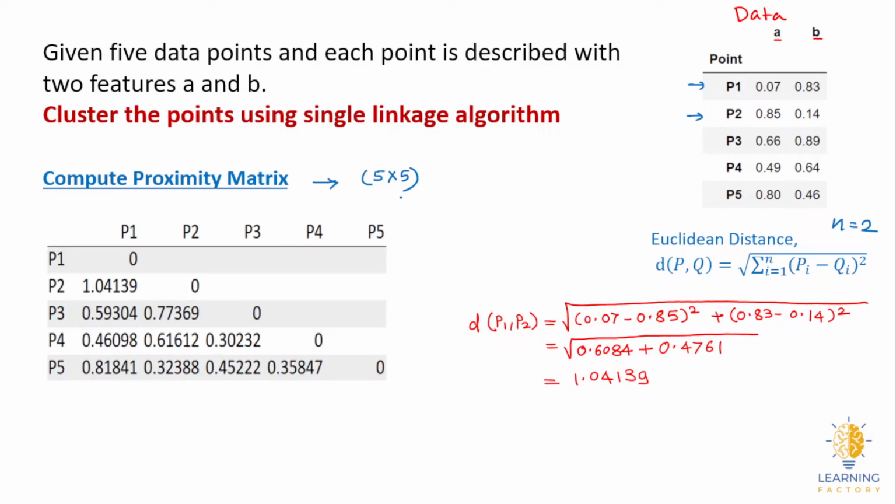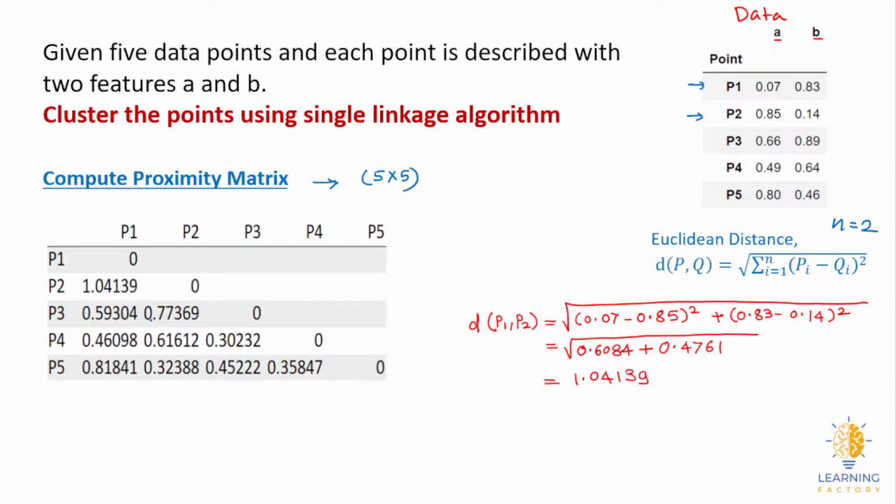This would be a symmetric matrix, of course. See here, the distance between P1 and P1 should always be 0 because these are the same data point. Similarly, the distance between P2 and P2, P3 and P3 is 0. So the diagonal elements in this proximity matrix are always 0. As I stated, this is a symmetric matrix.